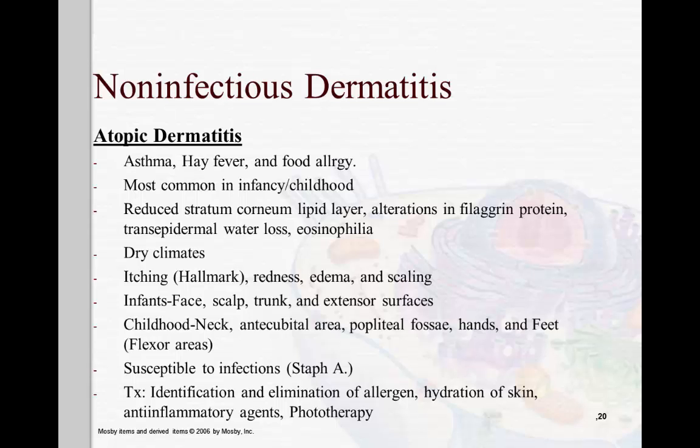The main symptomatology is itching, the hallmark is pruritus, redness, edema, scaling. Infants most commonly present in the face, the scalp, the trunk, and the extensors. In the extensor surfaces, so anteriorly at the level of the antecubital flexure, and also behind the popliteal flexure, as well as in the neck and the cheeks.